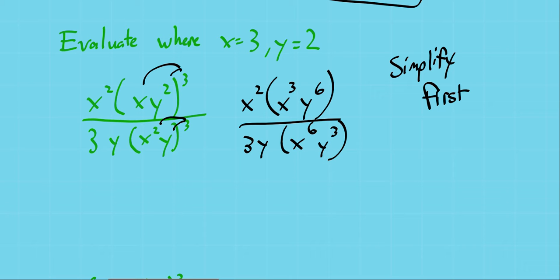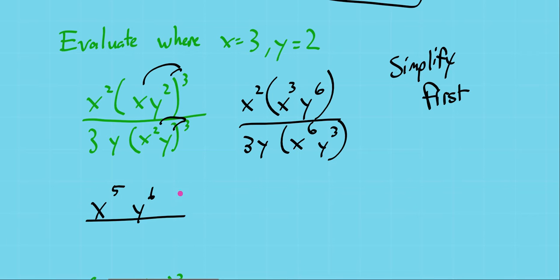Now I'm going to do my next round of distribution, which is multiply by the whole bracket. Luckily, that's pretty easy. So x squared times x cubed y to the 6th, that's just going to be x to the 2 plus 3 and y to the 6. That's x to the 5.